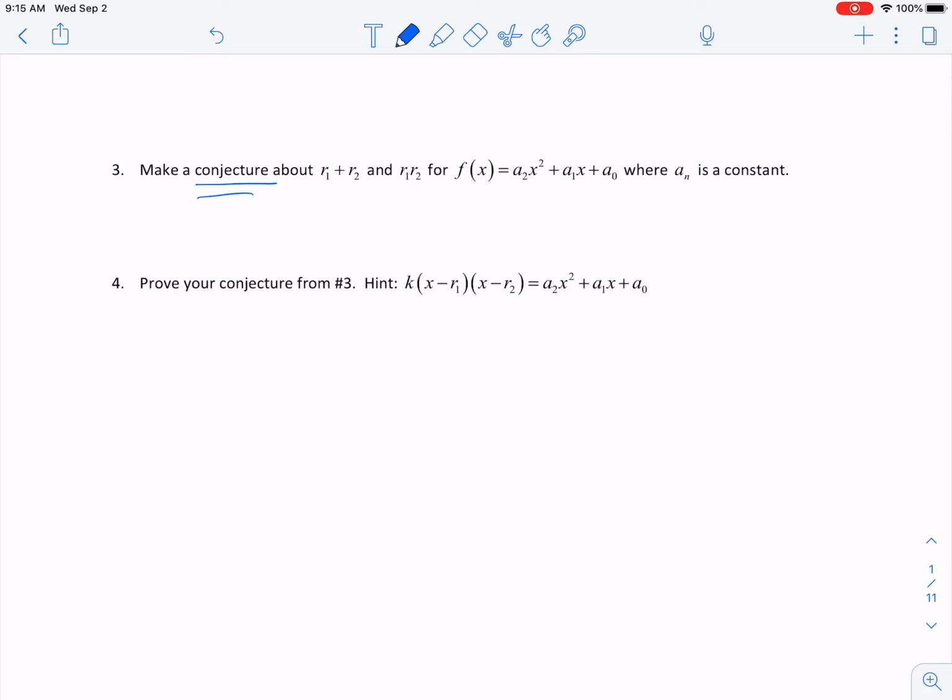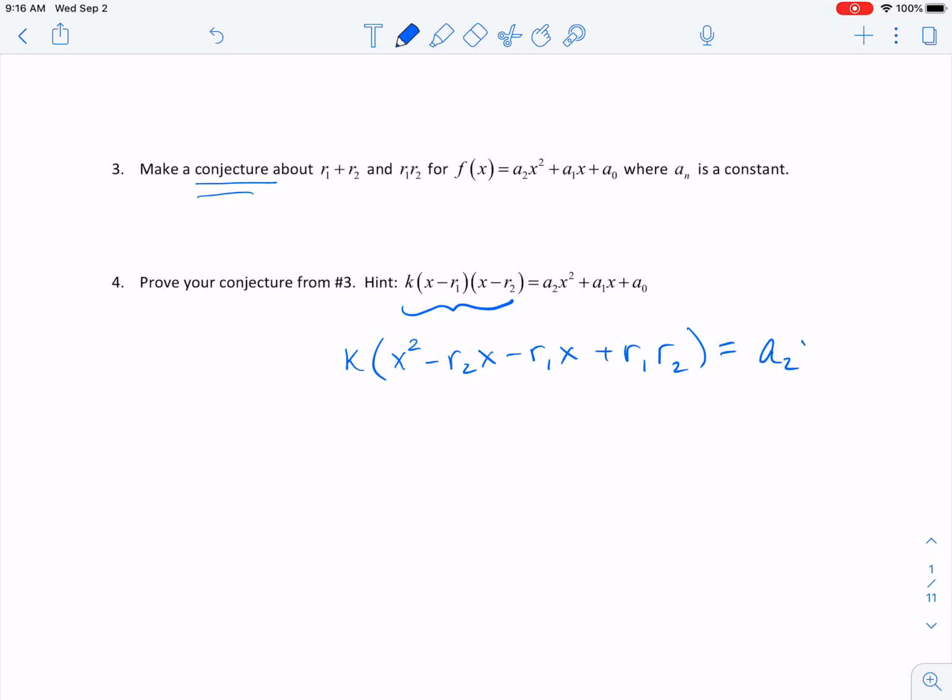They gave you this nice little hint. What you want to do is FOIL this out, to multiply that side all together. When you do, you have k times, what does that become? x squared minus r2x minus r1x plus r1r2.